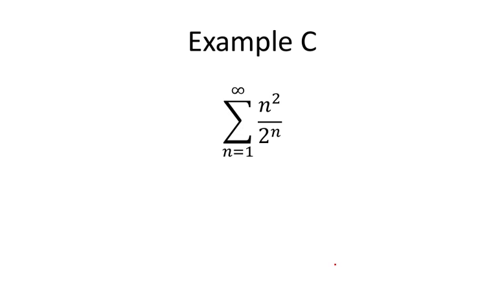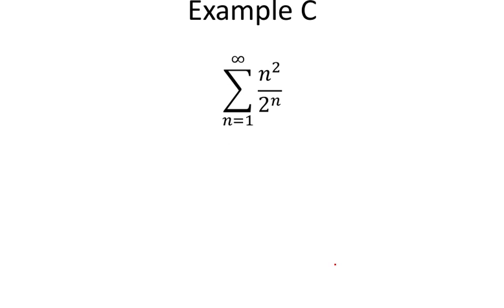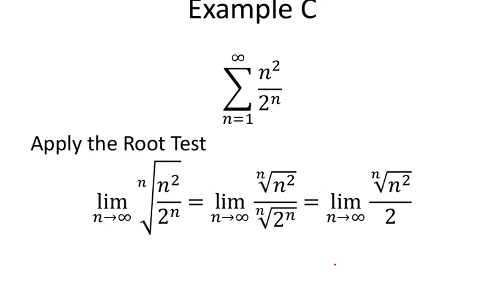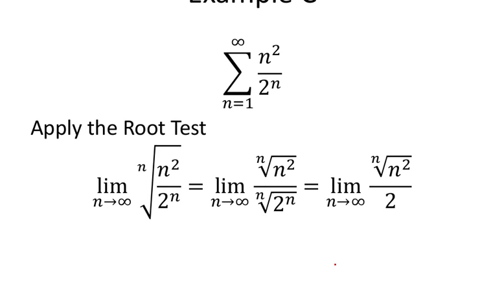So here's one example, n squared over 2 to the nth power, as n goes from 1 to infinity. We'd apply the root test by taking the nth root of the function. And when you take the nth root of a ratio, it's valid to split that up into two parts, where you have the nth root of the numerator and the nth root of the denominator. You can treat those independently of each other.